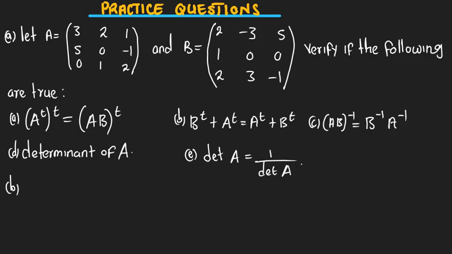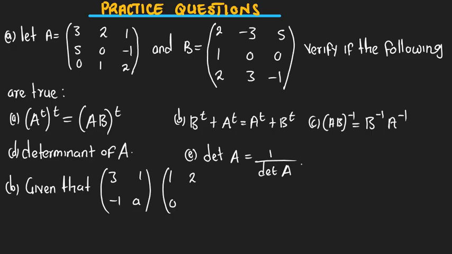This one is saying, given that you have the matrix 3, -1, 1, A, 1, 0, 2, 1, this is going to equal to B, -1, 7, 4.